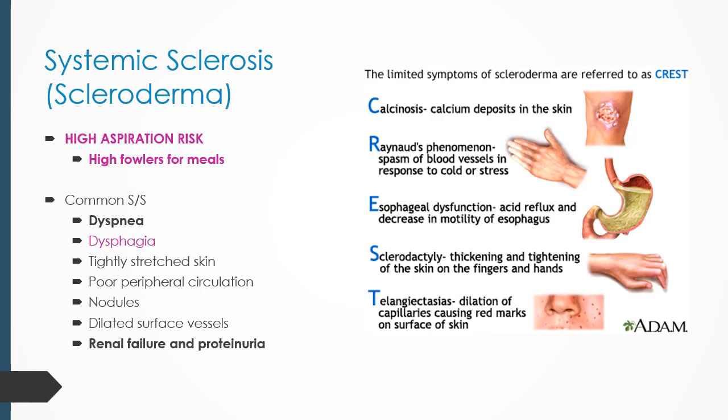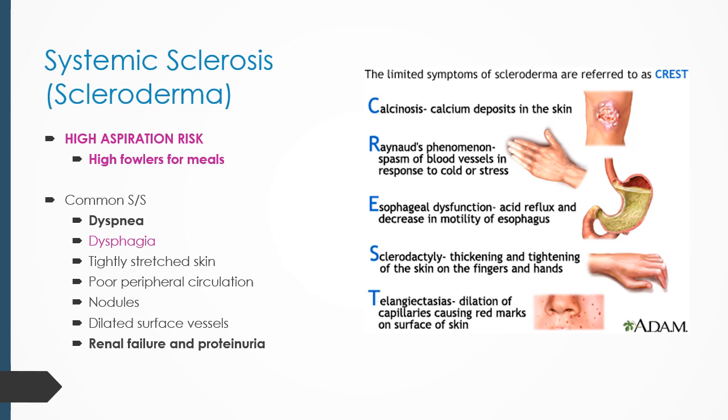The last autoimmune connective tissue disease that I want to talk about is scleroderma or systemic sclerosis, and that also causes what's called CREST syndrome. So this is a chronic inflammatory autoimmune connective tissue disease that causes both fibrosis and then sclerosis of the skin.